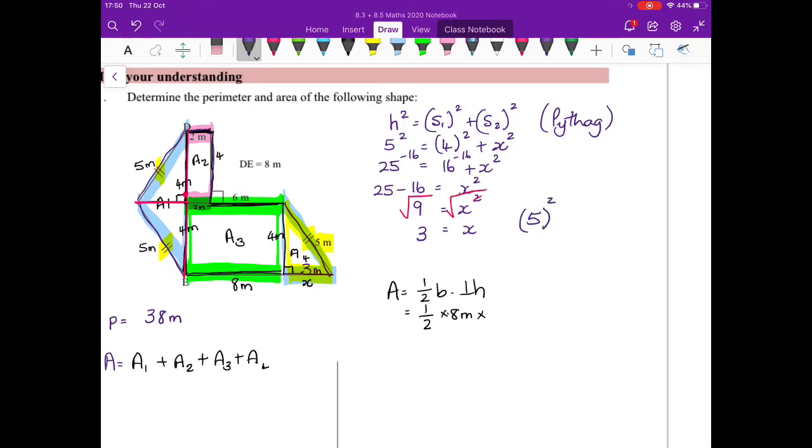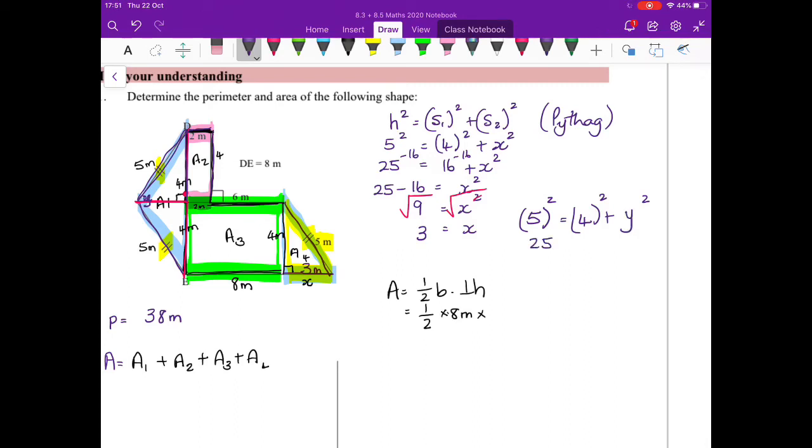So 5 squared is my hypotenuse equals my base. I'm just working in this triangle. So it is going to be 4 squared plus x squared. No, let's not use x. We used x before, so let's call it y.